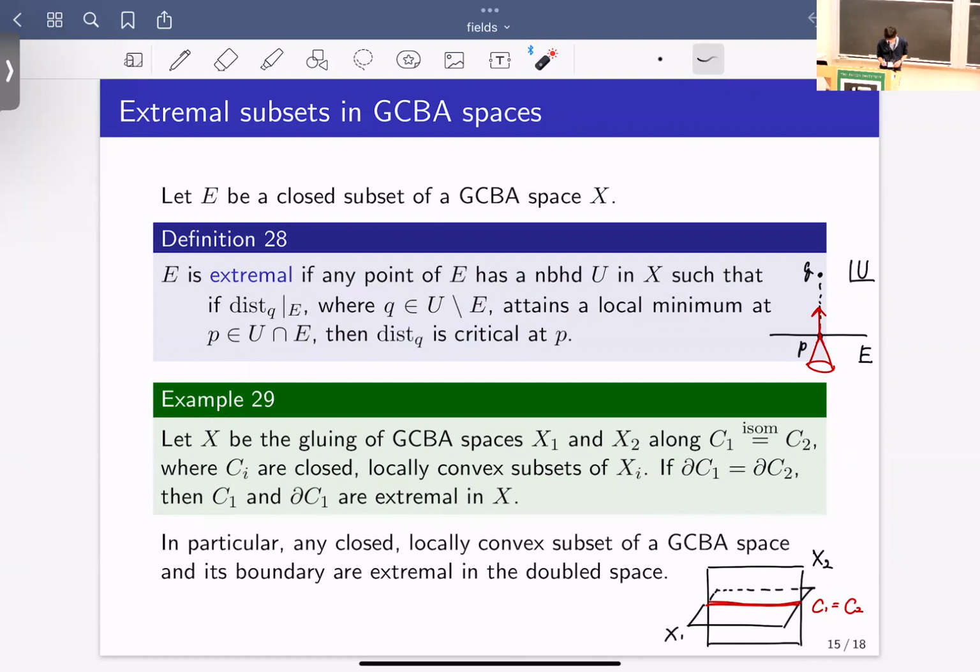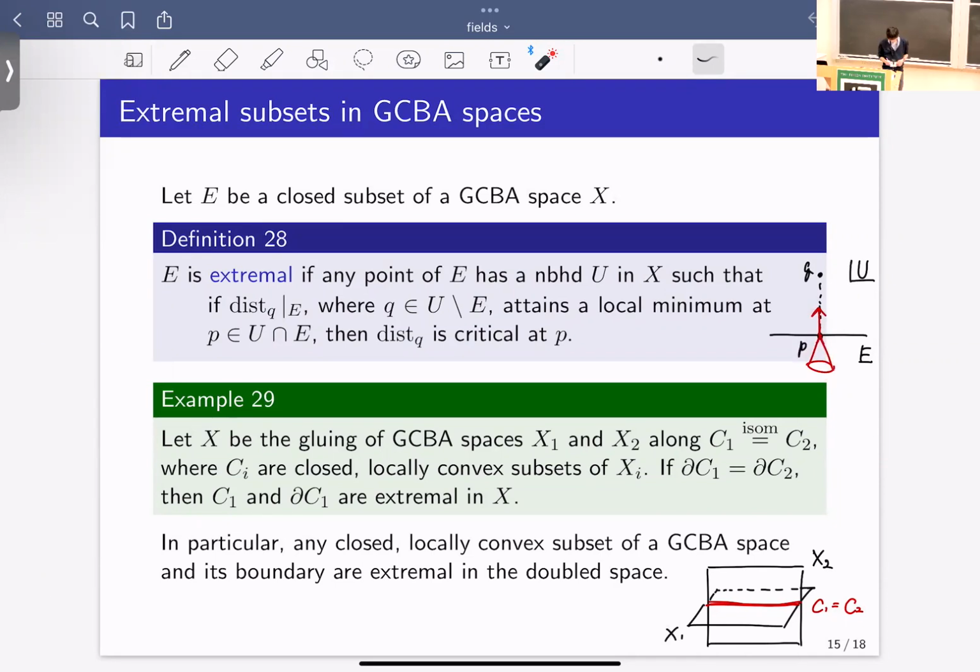A closed subset E of X is called extremal if any point of E has a neighborhood U where we can use triangle comparison in X, such that if the distance function from Q restricted to E attains a local minimum at P, then P is a critical point of dist Q, which means that the set of antipodes for this direction is large. Okay.